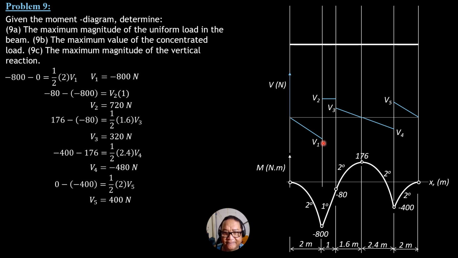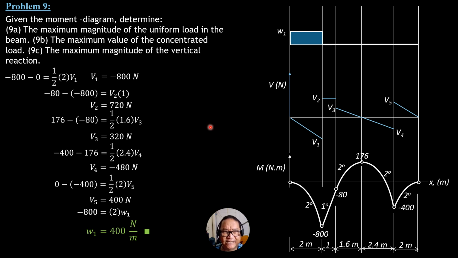And V1, which is negative 800 minus 0, equals the area of the loading, 2 times W1 above. So negative 800 minus 0 equals 2 times W1. So W1 is negative 400 newtons per meter. I'll just make it positive 400 newtons per meter because in the figure, the loading is downward, of course. So W1 is 400 newtons per meter.